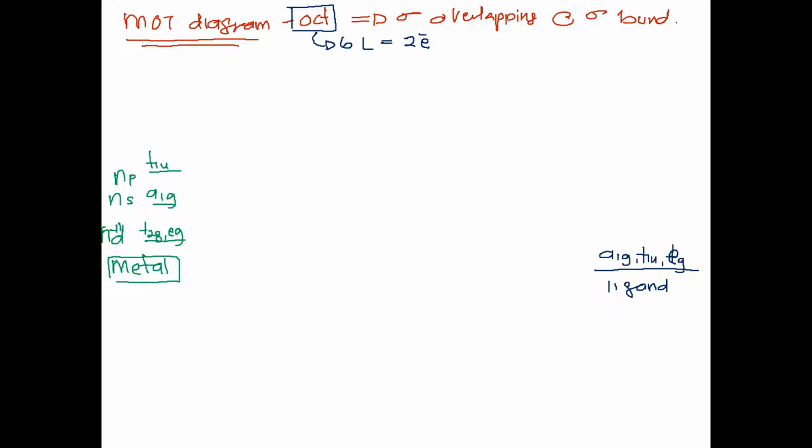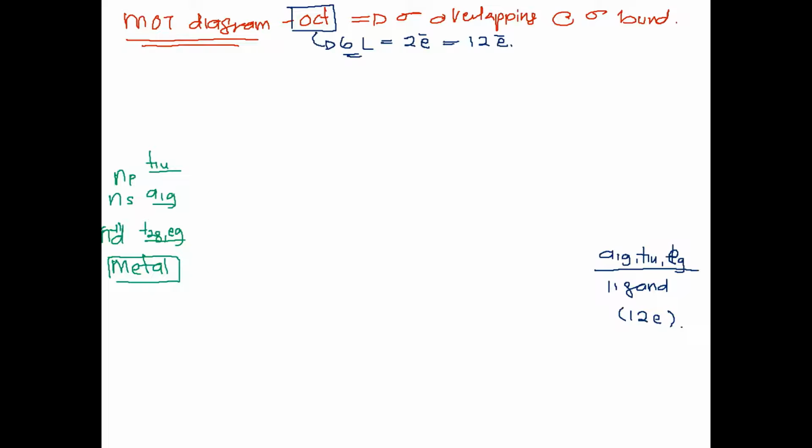So when you have 6 ligands, the total electrons for the ligands will be 12 electrons. Okay, so how do you draw the molecular orbital theory?